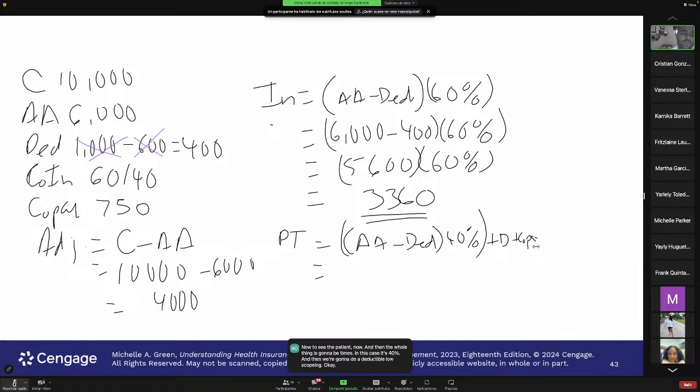The patient is going to pay $6,000 minus $400 times 40%, and then the whole thing plus deductible, $400, plus co-payment of $750.